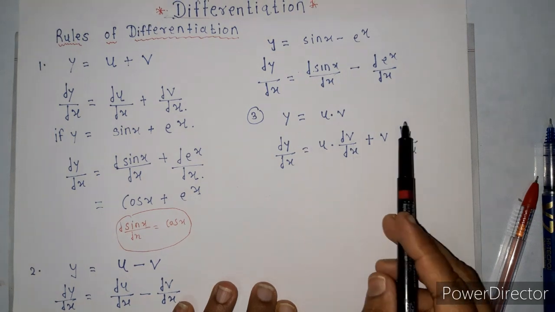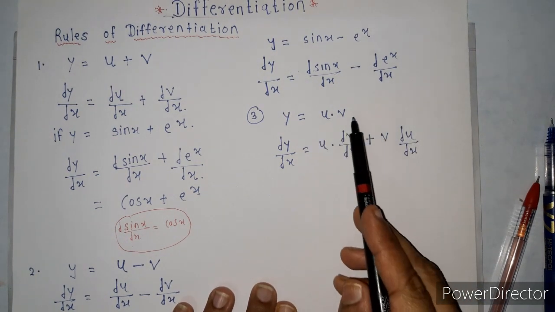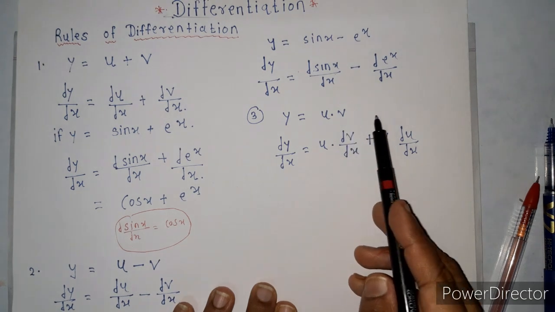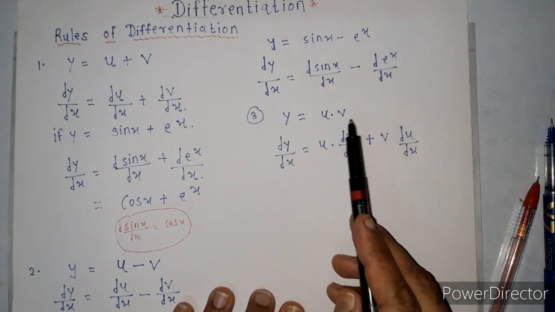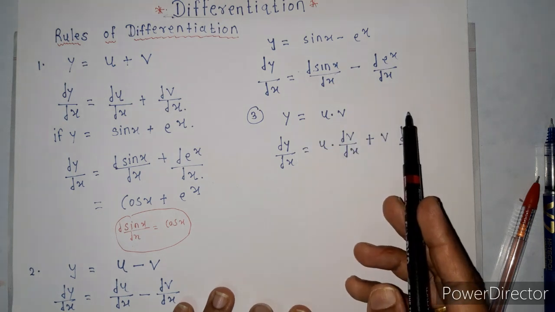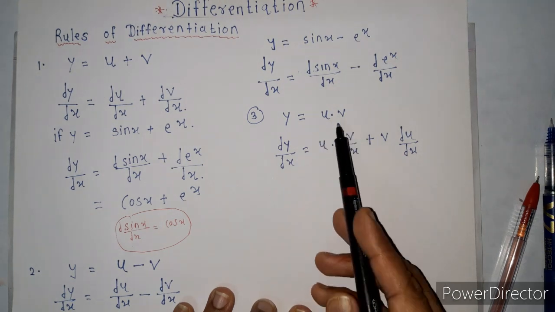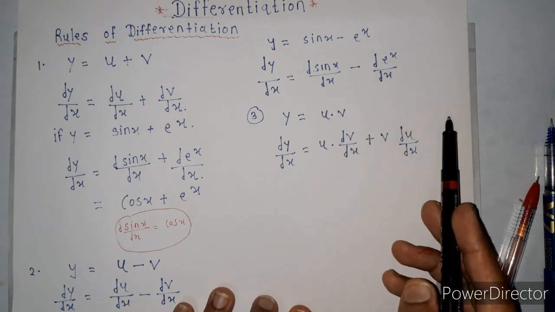If there are three functions, then take the derivative of the first function, with the remaining two functions constant, plus the derivative of the second function, with the remaining two functions constant, like this. This rule is used for the multiplication of n number of functions.